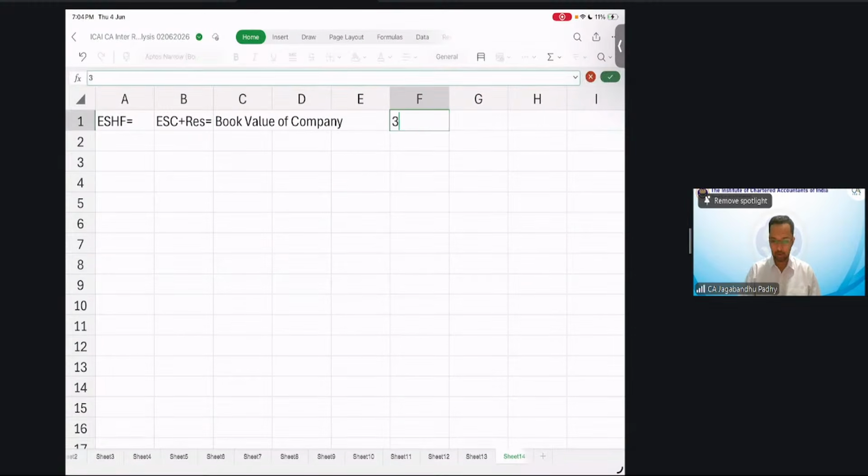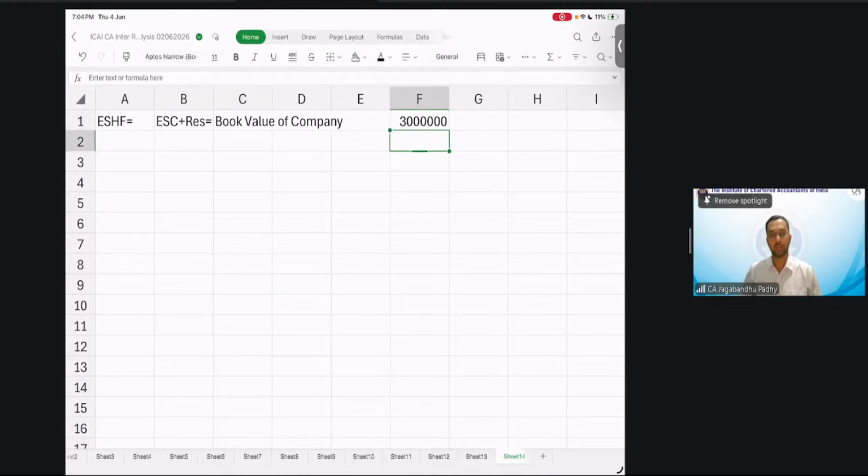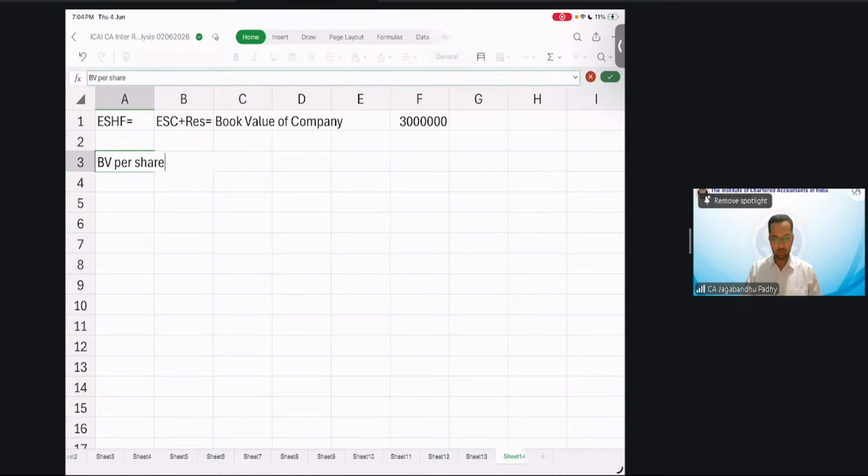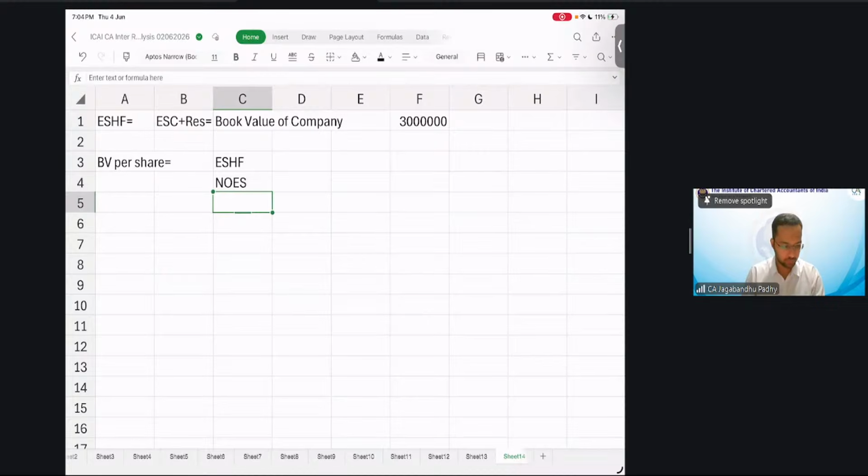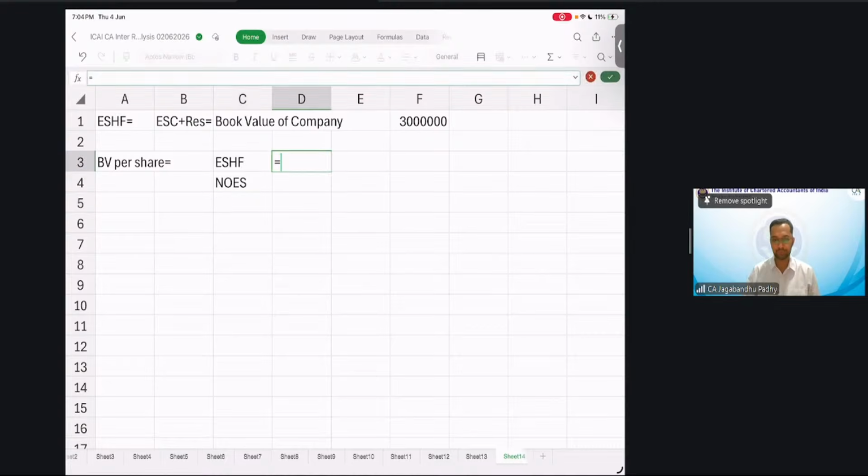So let's say the book value of the company is 30 lakhs. If I ask you what is book value per share, that's obviously going to be equity shareholders' funds divided by the number of equity shares.